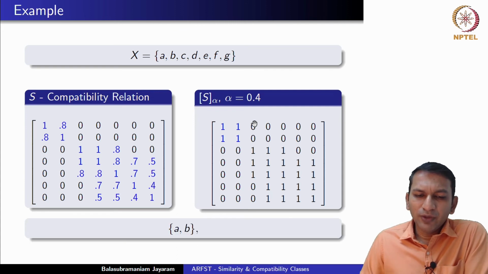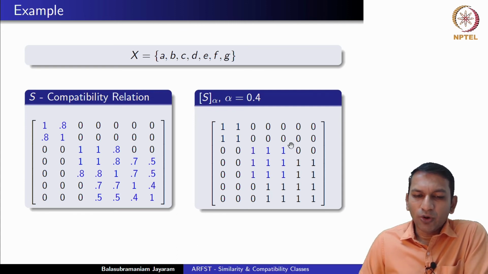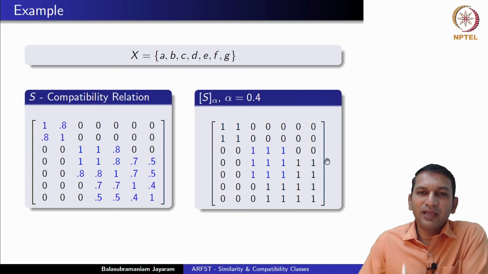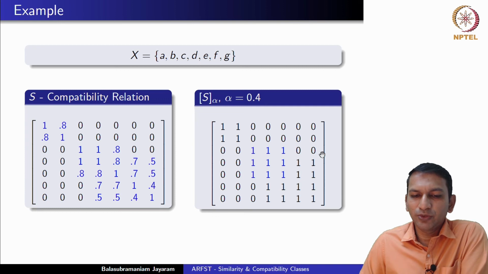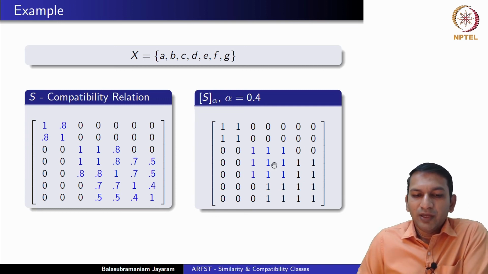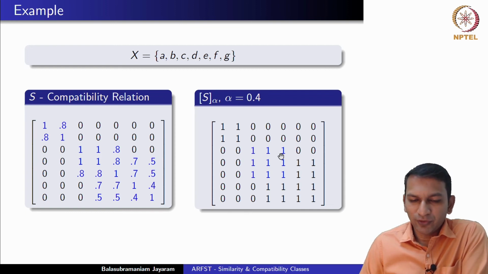However, if you look closely, we also have this kind of a block. What does this say? How are we highlighting some blocks among this submatrix? All of these elements, C, D and E, are related to each other to a degree of at least 0.4.